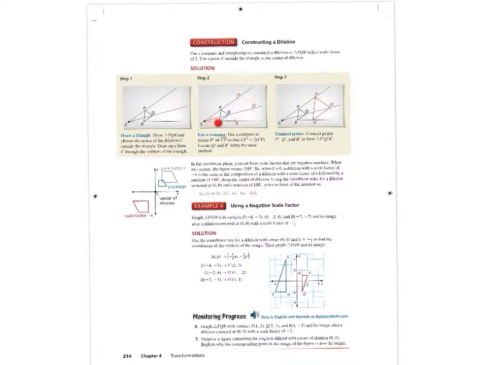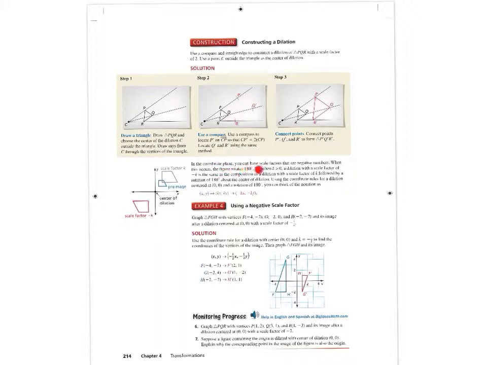Measure your distance from C to R so that you can double it and make your mark at R prime. And then step 3, connect the points P prime to Q prime to R prime and back to P prime, creating your dilated triangle P prime, Q prime, R prime, that is twice the size of the pre-image PQR.